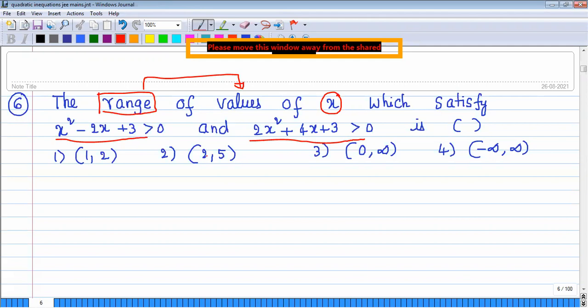So these first two, x square minus 2x plus 3 greater than 0. So first we need to solve the first inequality.